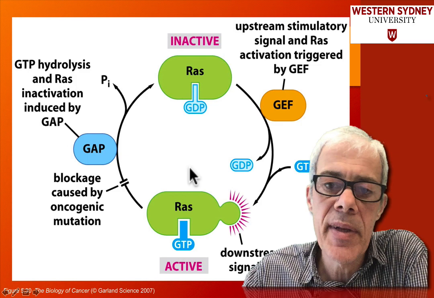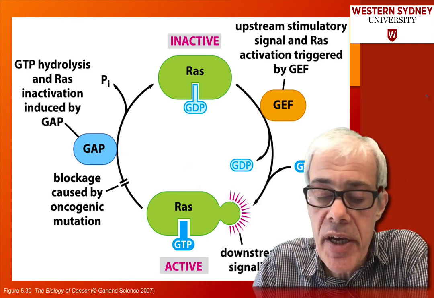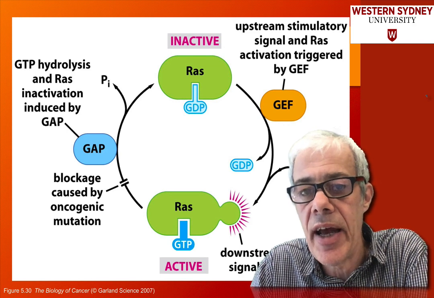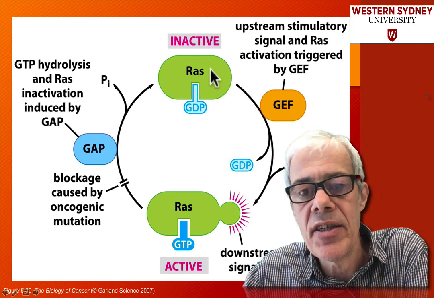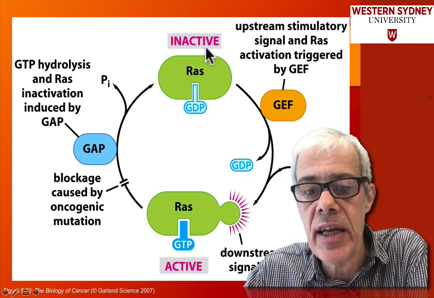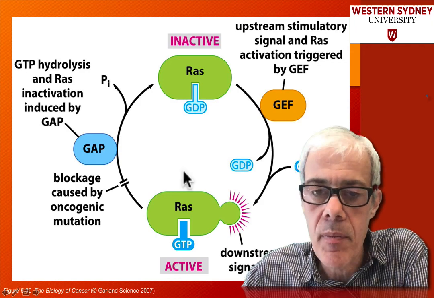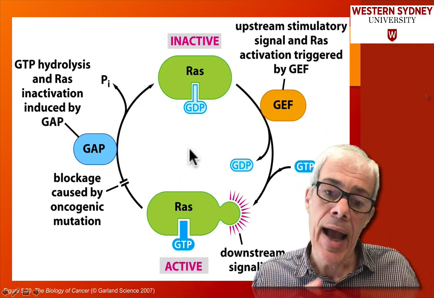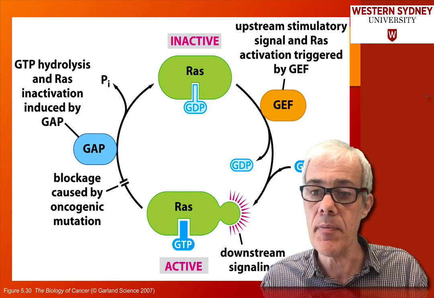Okay, so you're all familiar with ATP being an energy molecule. Well, GTP is a molecule that regulates this RAS protein. When RAS is bound to GDP, it's inactive. When RAS is bound to GTP, it's active. So the question is, how does it switch between GTP and GDP?